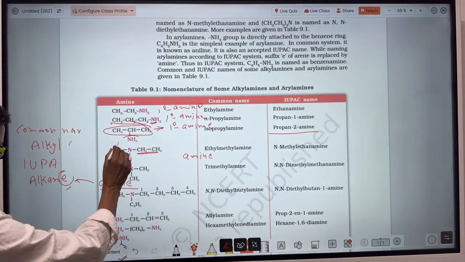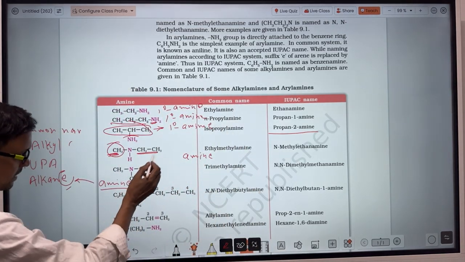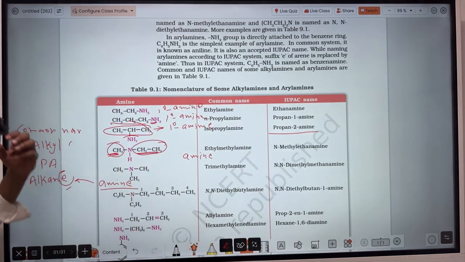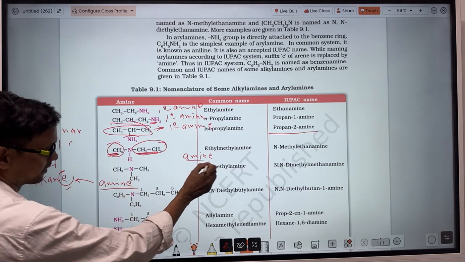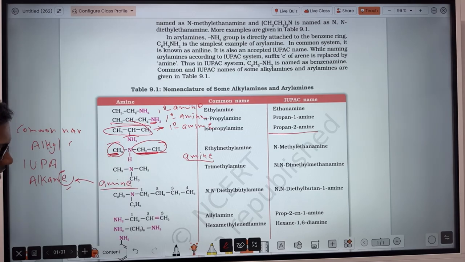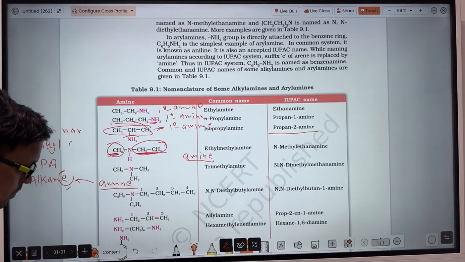So this will act as the substituent and this ethyl group will act as the parent chain. The suffix amine will be used in that alkyl group whose length is longest.